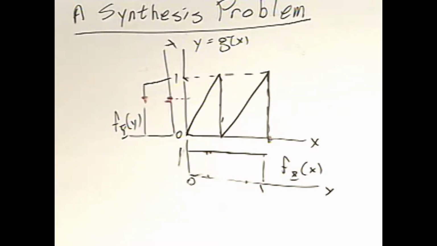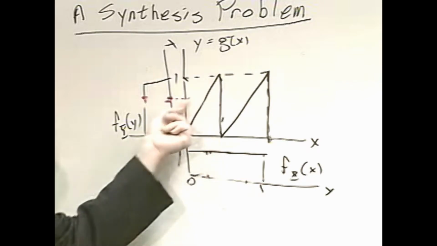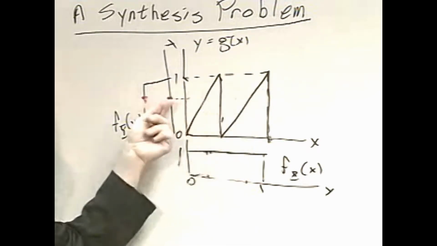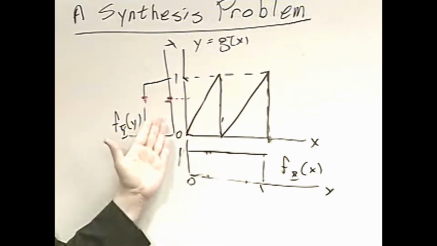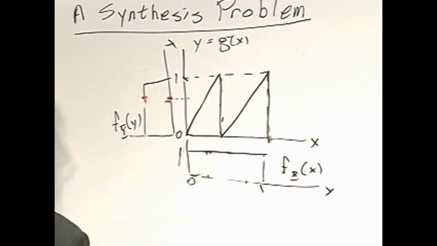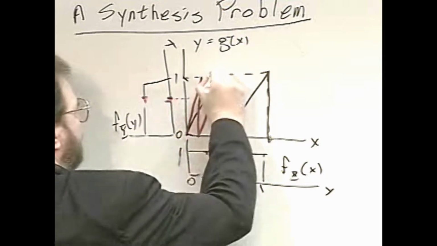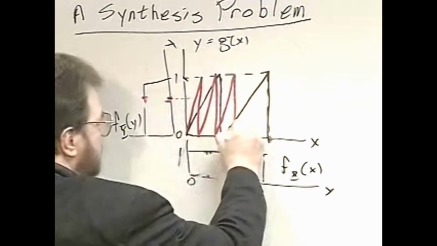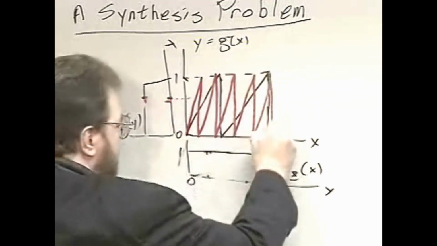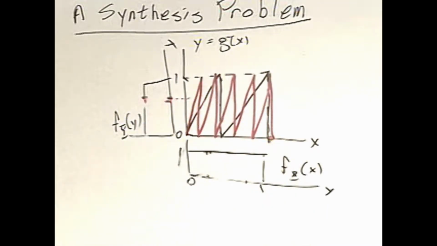It's the same type of mapping as before. A little bit of probability mass here gets mapped here, and a little bit here gets mapped here, and the overall result is this density function. In a similar fashion, I think you can see that if we have any sort of sawtooth here, something like this will also afford a unity mapping.